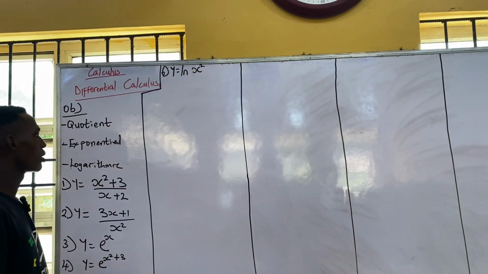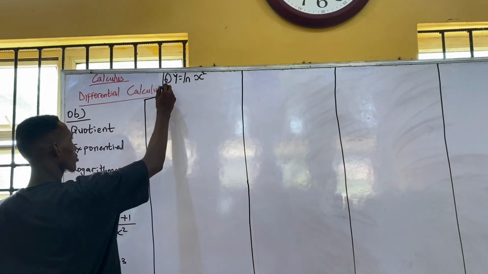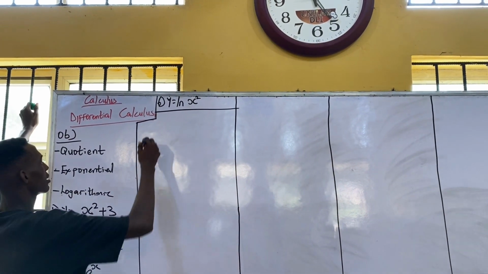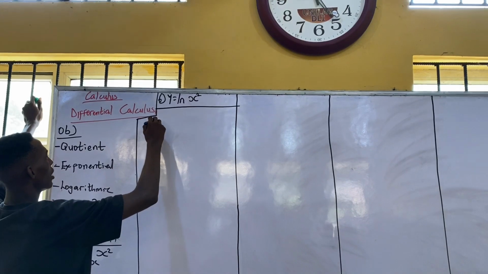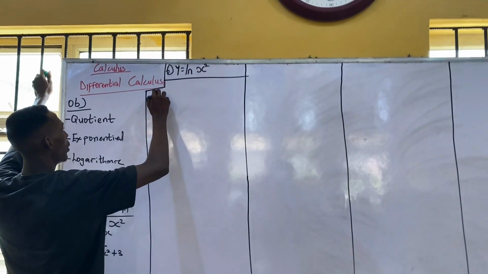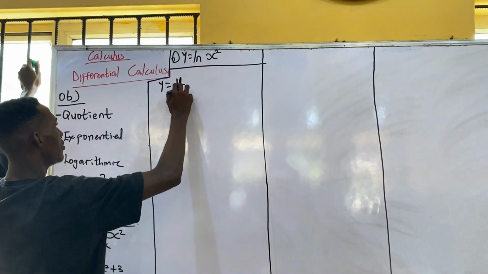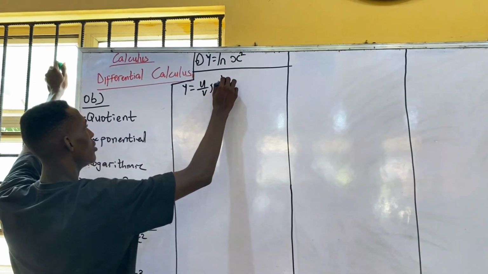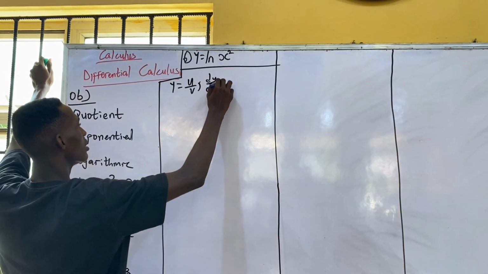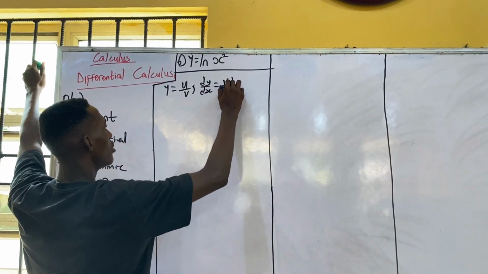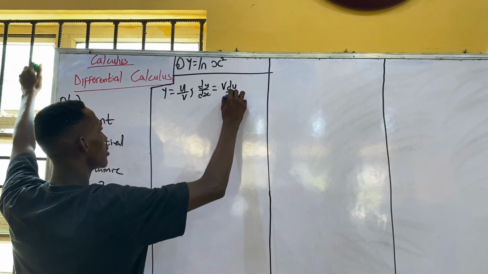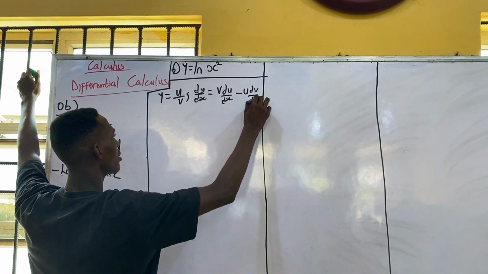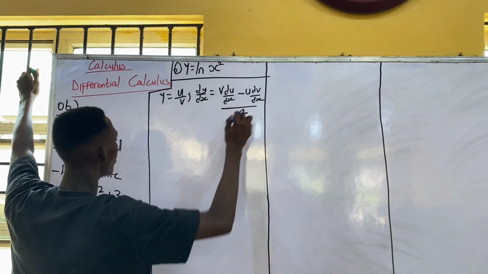Now, for the first question, before we get to any of the questions, I would like to give you the formula for it. Now, we have our y is equal to u over v. So therefore, our dy/dx is equal to v du/dx minus u dv/dx over v squared.